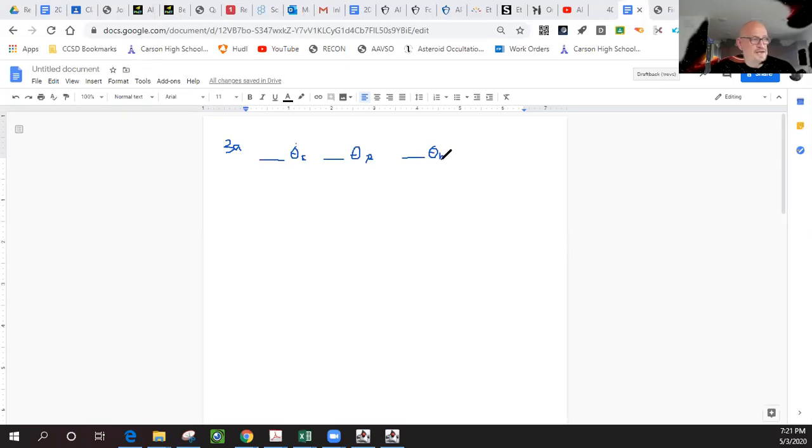So what it should be is that the bounce is going to be number 1. It's going to have the greatest angle. Number 2 is going to be the embedded. And then number 3 is going to be the passing.